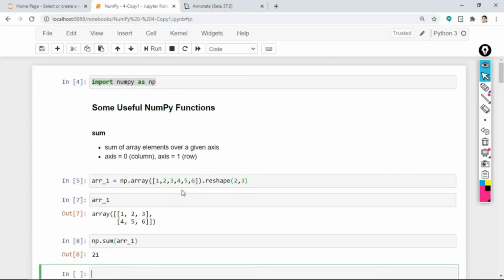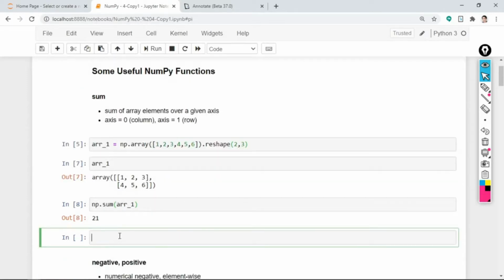So from 1 to 6, the total is 21. But this has a special parameter with which you can do summation in terms of columns and rows. That's the second parameter in the sum function.